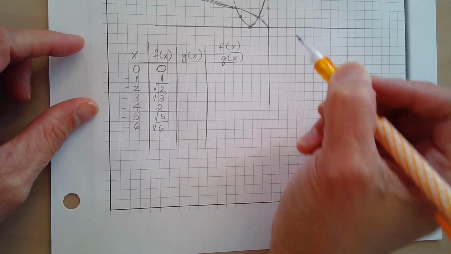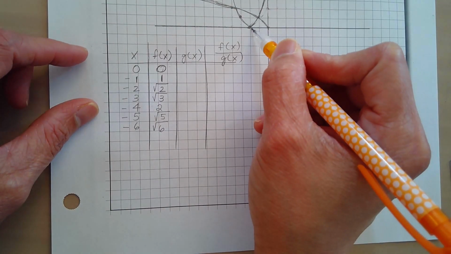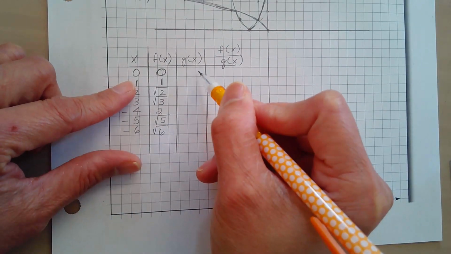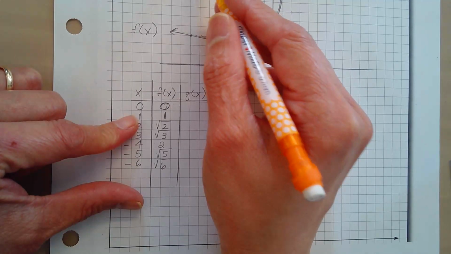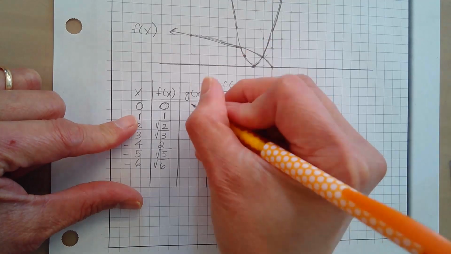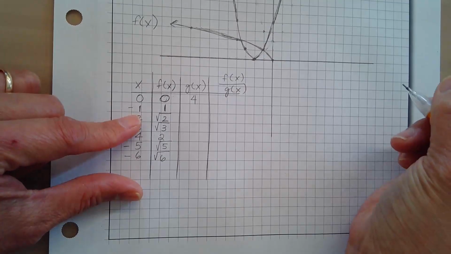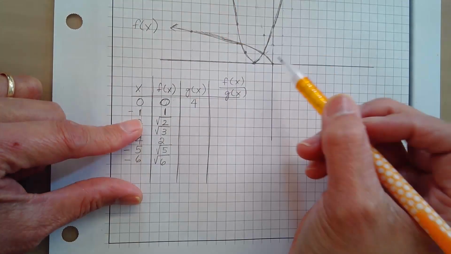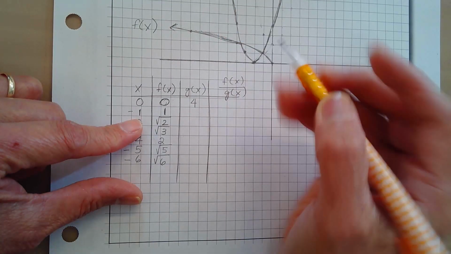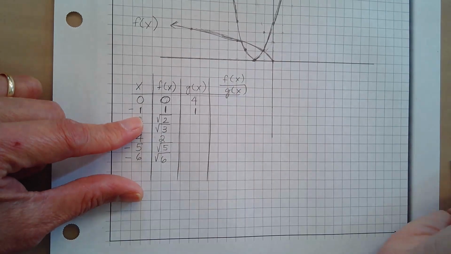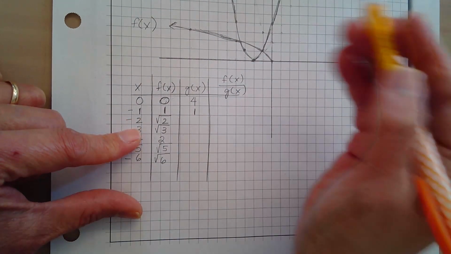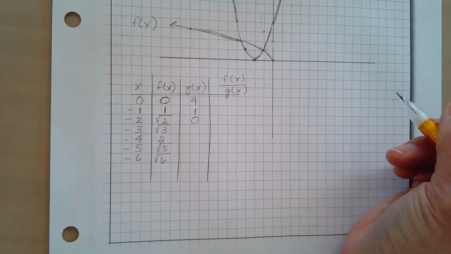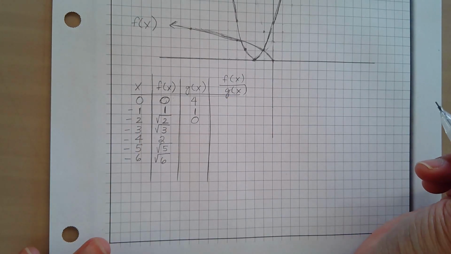Take a look at this next one. What's g of 0? If we put 0 here, that's going to be 2 squared. That's going to give us 4. If x is negative 1, it's going to give us 1. If x is negative 2, it's going to be 0, because it's going to be 0 squared.